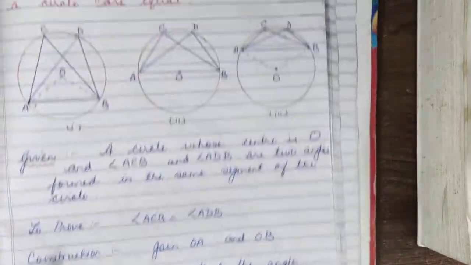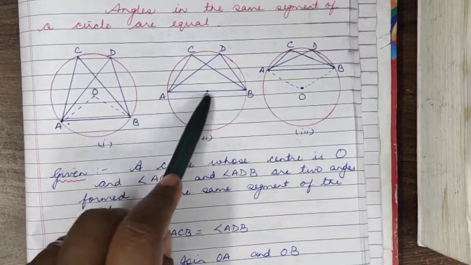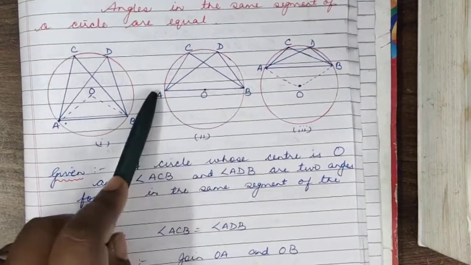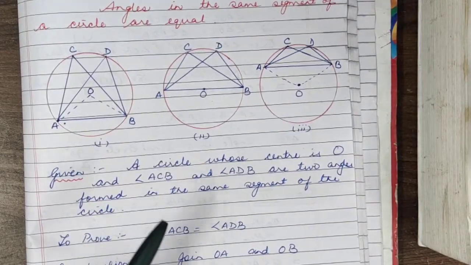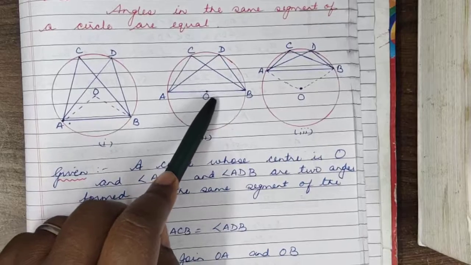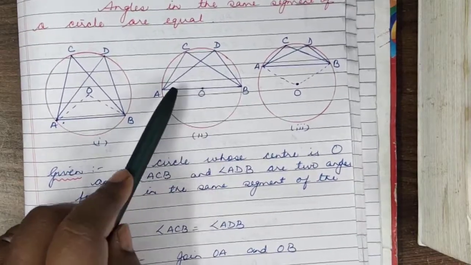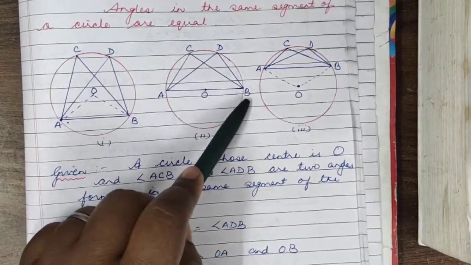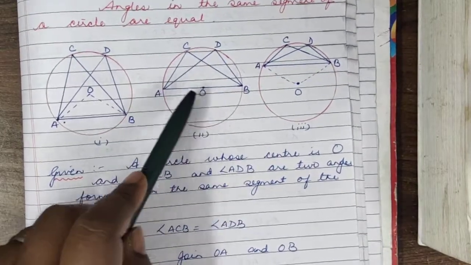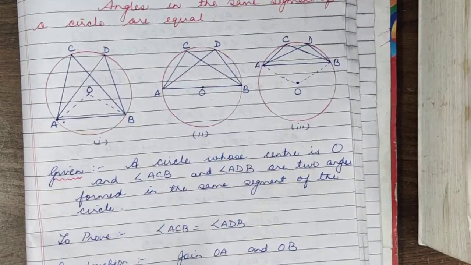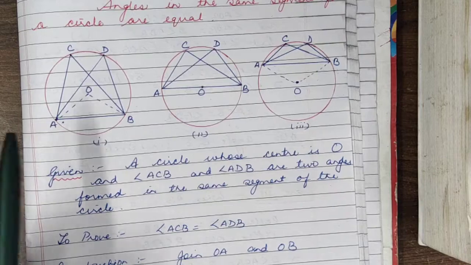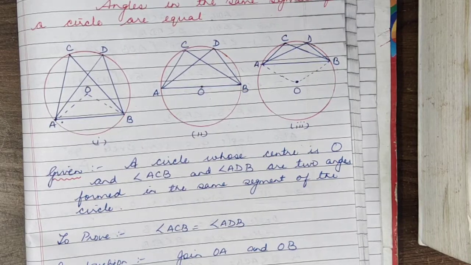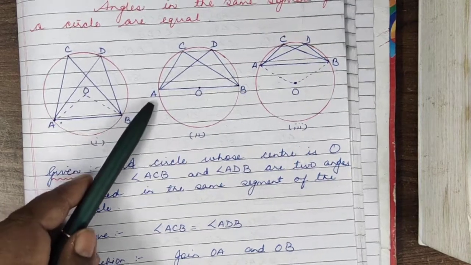Now for case 2, in this case AB is a semicircle. So in this case angle AOB is equal to twice angle ACB and angle AOB is again equal to twice angle ADB. We will use that property, the angle subtended by an arc at the center. So what do you find?